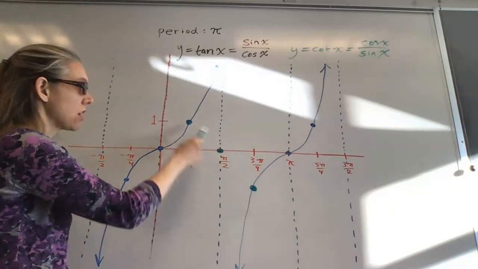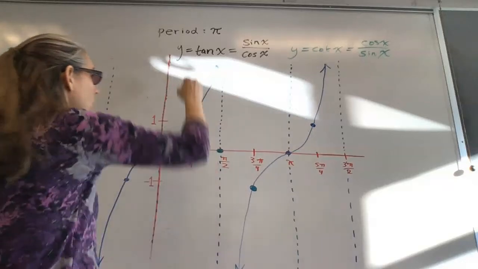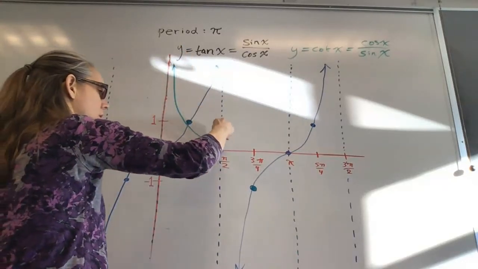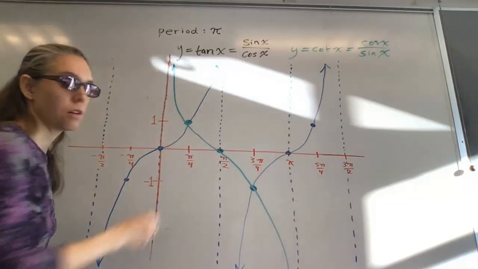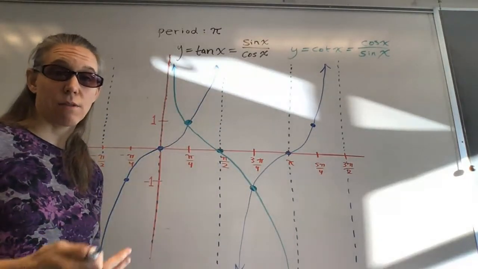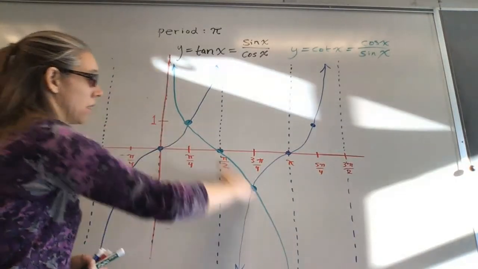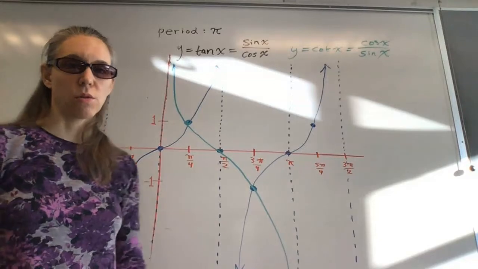So they share these points in common, but they have different zeros. What results is that the graph of cotangent looks a lot like the negative x cubed function, except, of course, that we're still bounded in those asymptote lines.